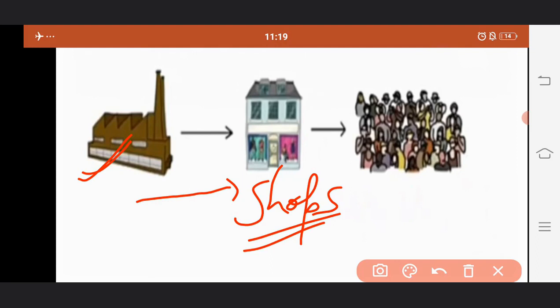These items are then sold to the customers by the shopkeepers. That means first the goods are purchased by the shopkeepers and then these shopkeepers sell these goods to the customers.